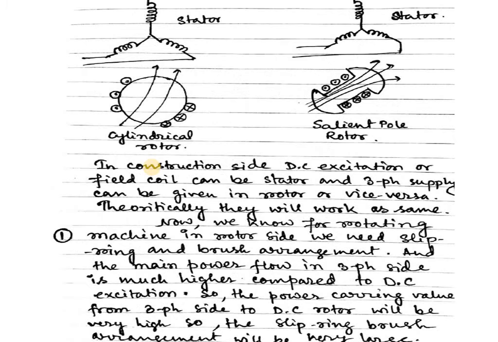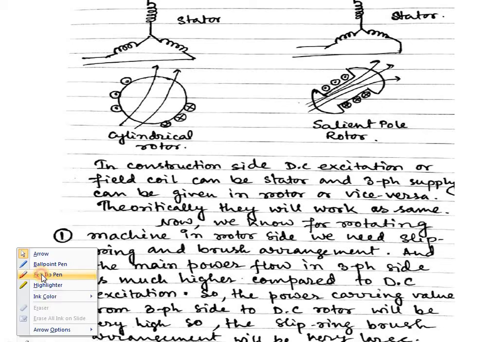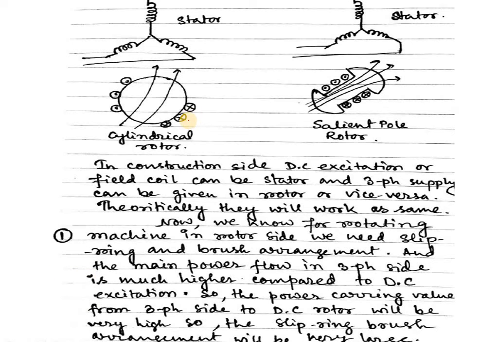Okay. Now this is the structure of the rotor of the synchronous machine. In both cases we have taken that the stator coil of the synchronous machine is connected in star. So this is a star connected stator, and here this is the cylindrical rotor. That means the structure of the rotor looks like a cylinder.